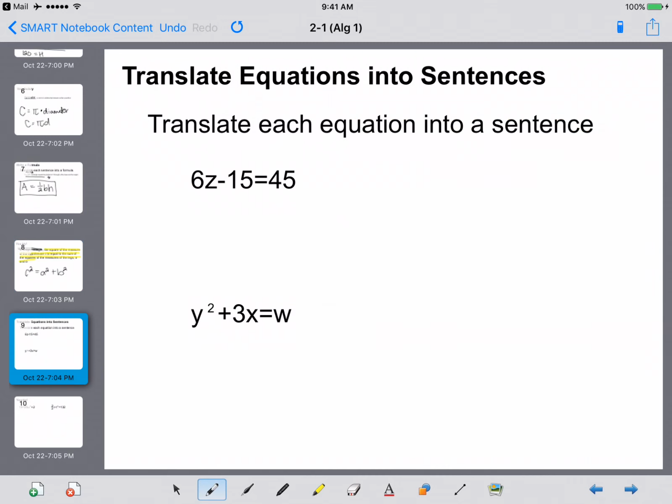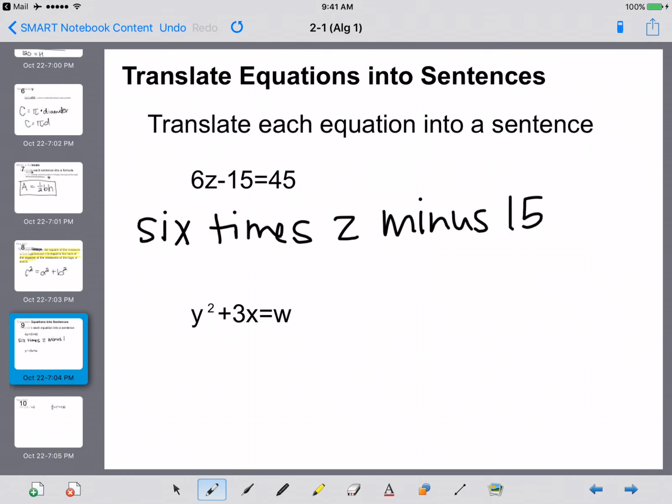And finally here we need to translate each into a sentence, so we're going the other way. So it says 6z minus 15 equals 45, so I'm going to say 6 times z minus 15 is 45.